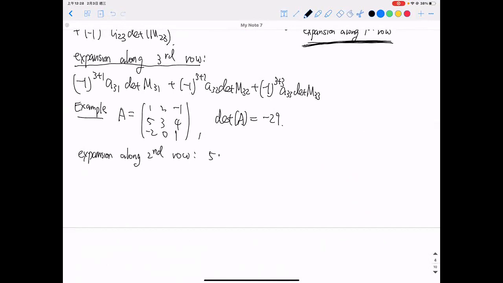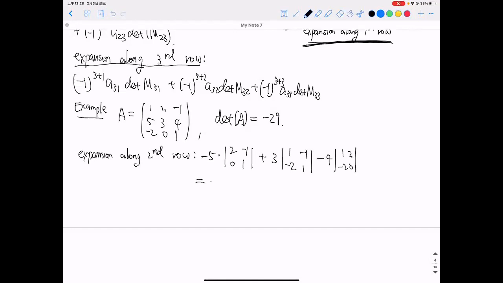So 5 times the determinant of, I think there's a sign here, so minus 5 times the determinant of 2, minus 1, 0, 1, plus 3 times the determinant of 1, minus 2, minus 1, 1, minus 4 times the determinant of 1, 2, minus 2, 0.